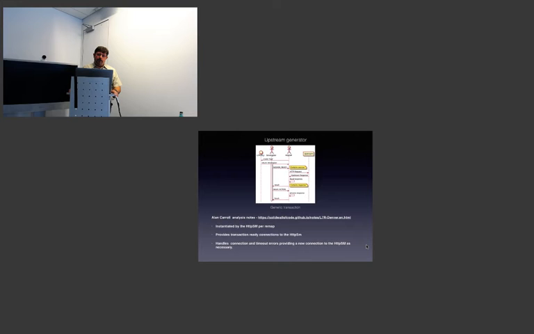The upstream generator's role is to hand a transaction-ready connection back to the state machine, and if any errors are encountered by the state machine, it reports back to the upstream generator, which will adjust the host status for that host. It'll mark it down and choose another, give the state machine a new connection to try, and mark that host down that had the failure.